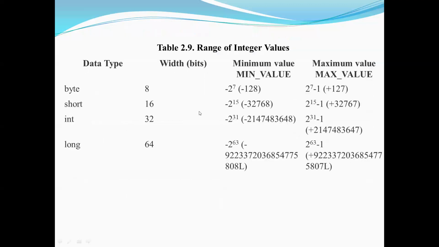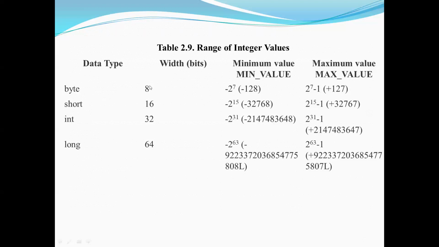Every data type has its range, and range calculation is very easy. If you want to calculate the minimum and maximum value that can be stored in a particular type of variable, you can calculate it. Byte has a size of 1 byte, so it has 8 bits, because values are stored in the computer in the form of bits.